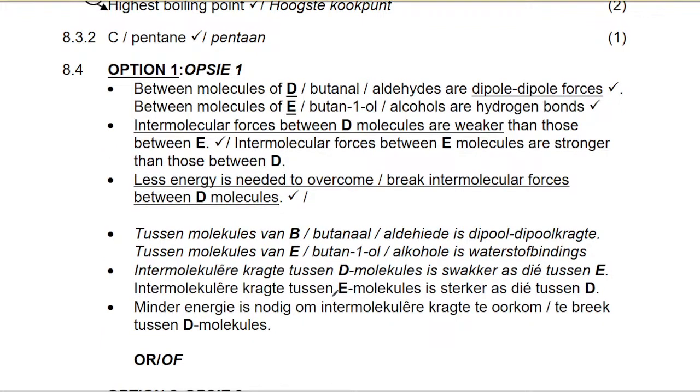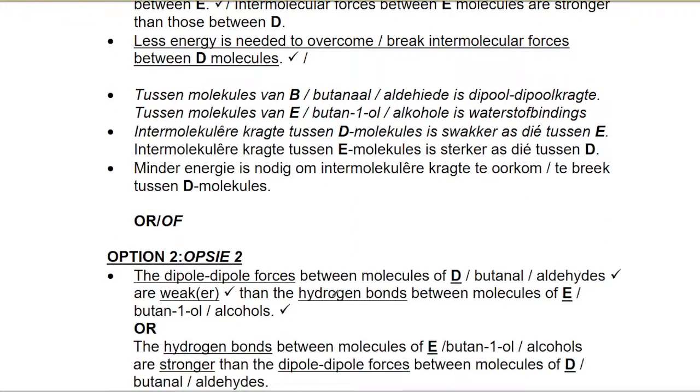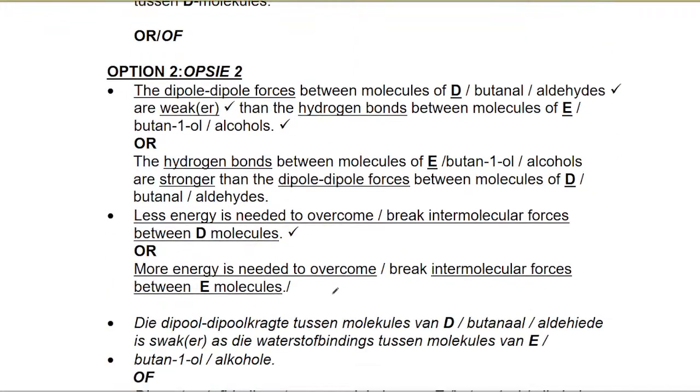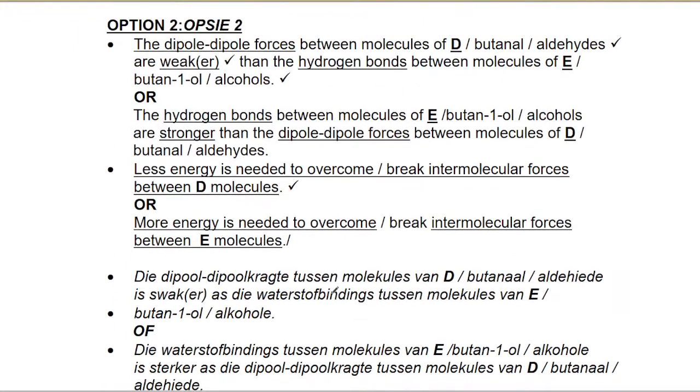If you can go a little bit down, we can look into option 2 there. Option 2 says the dipole forces between D molecules, butanal aldehydes, are weaker, that is 1 mark, than the hydrogen bonds. So you are stating the intermolecular forces already between E and D. That will be than hydrogen bonds between E molecules, butanol, which is an alcohol.